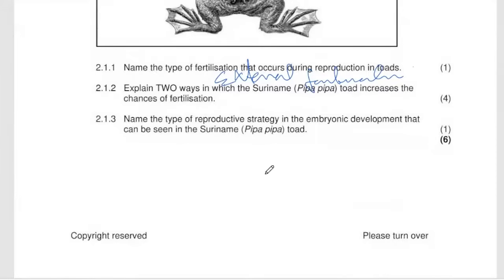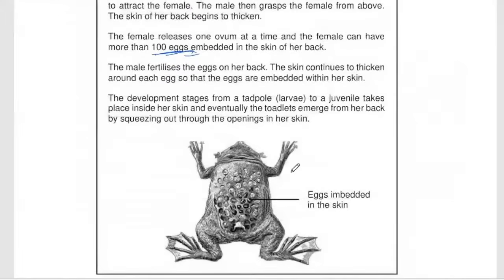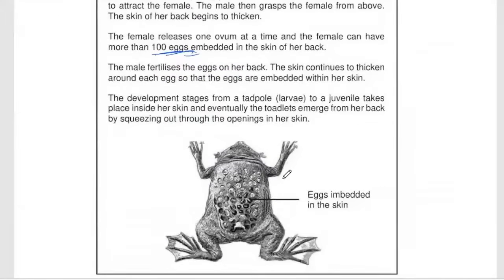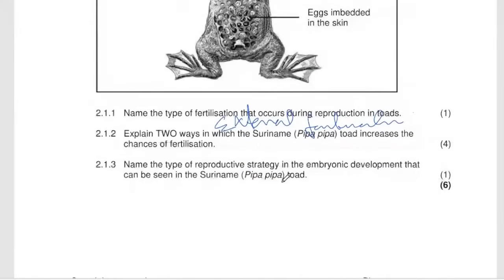Name the type of reproductive strategy seen in the embryonic development. In this case, you read to understand, and after you understand, you have to apply. We see that the eggs are being laid out, fertilization takes place, and the development is outside.